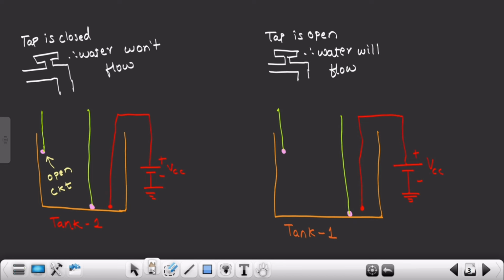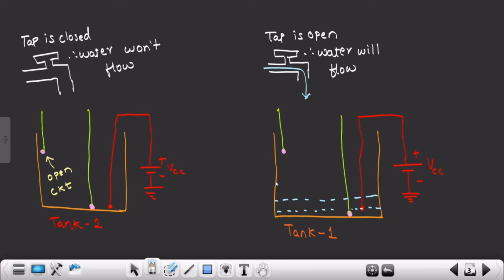Whatever water is coming from the tap will flow and get stored in tank 1. So let's assume the water is coming over here. It may get filled up till this particular level, after 2-3 seconds.